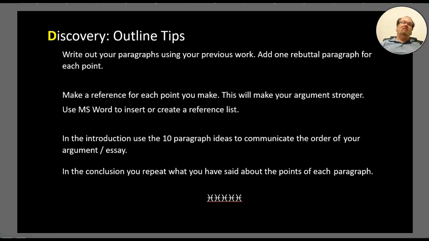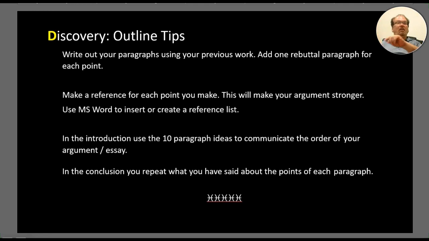So work that way. Make one, make a rebuttal. Make one, make a rebuttal. If everybody is in a circle and you write a paragraph, then you move it to the next person and they write a rebuttal.